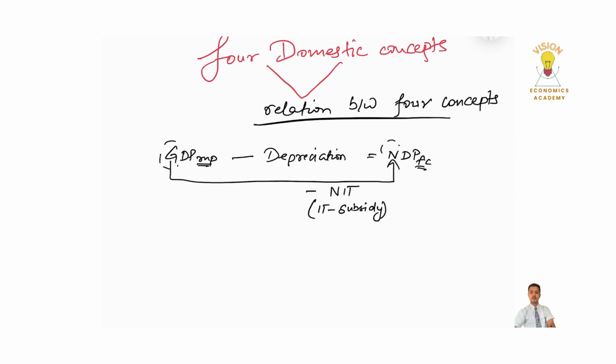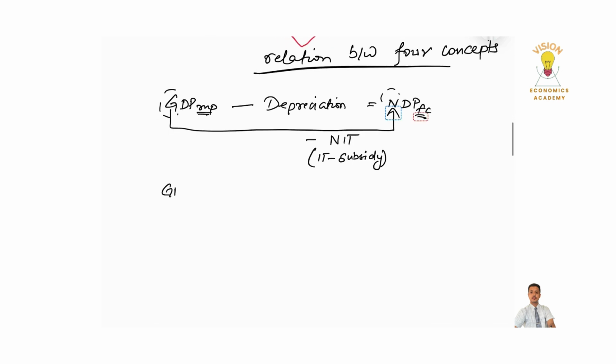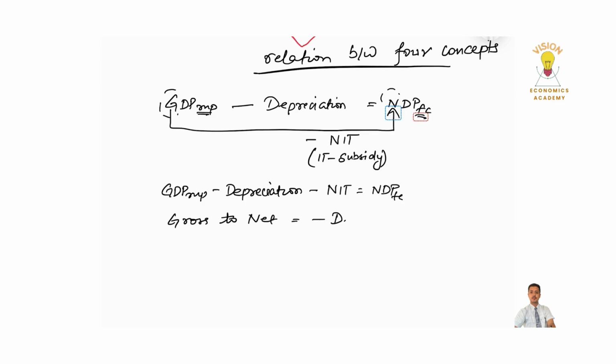Okay, therefore GDP MP minus depreciation minus net indirect taxes will give us NDP FC. Now from gross to net is always minus depreciation.